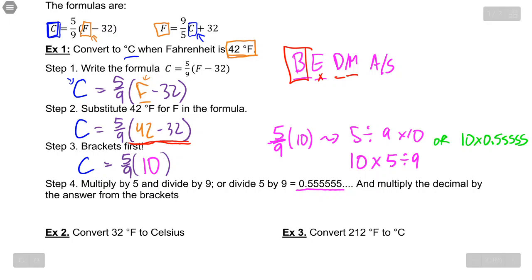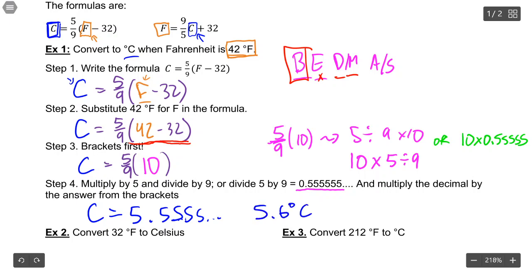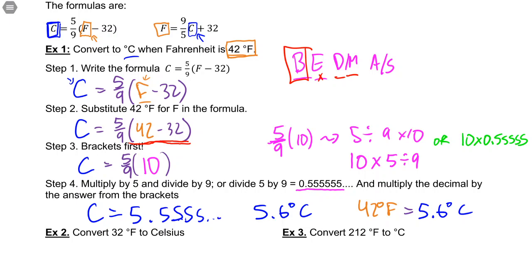If you do this calculation correctly, you should get 5.5 repeating, right? So let's round that to 5.6 degrees Celsius. So what we found out is 42 degrees Fahrenheit is 5.6 degrees Celsius. Okay, let's try a couple more.